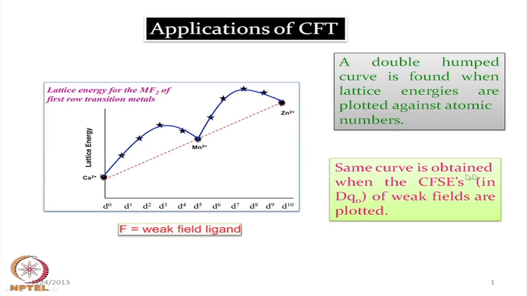So, the same curve we can have if we simply consider the crystal field stabilization energies for all these transition metal ions, such as for chromium, such as for nickel.